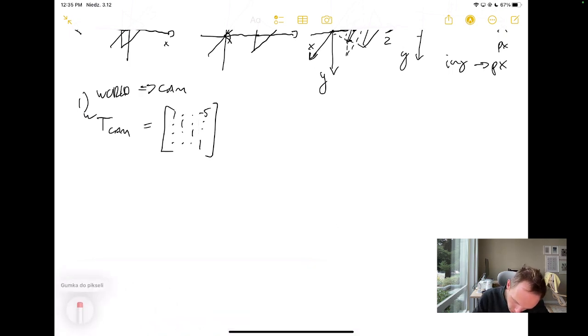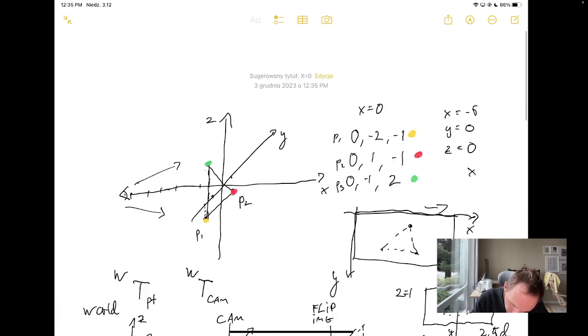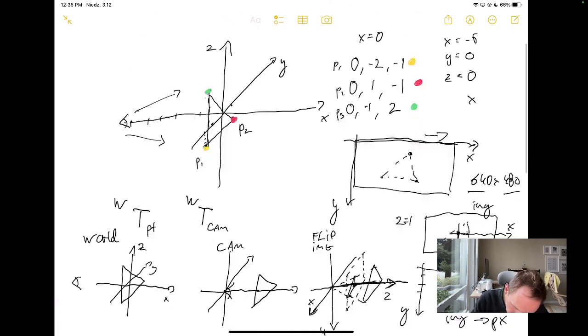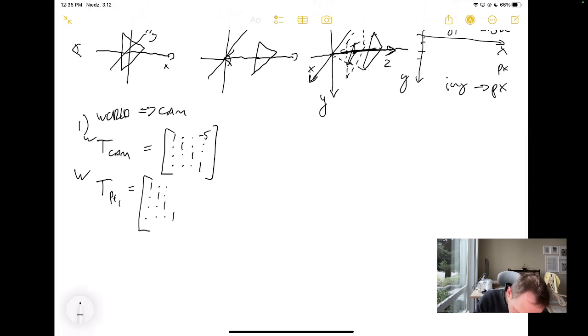What we have as well is the position of point 1 in world, and that was, what was it again, 0, -2, -1. Right.